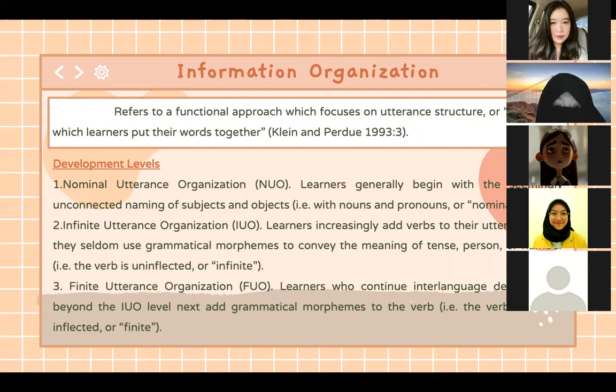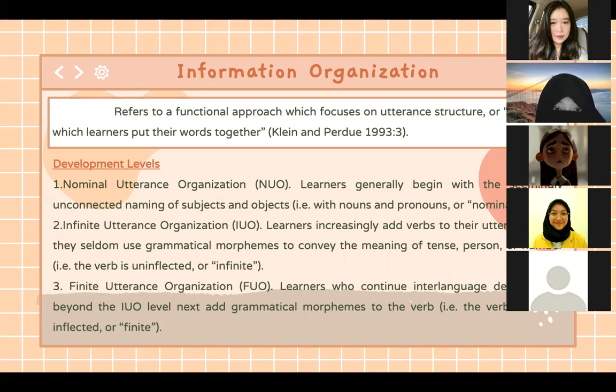And in the information organization, there are two kinds. The first one is what it calls developmental levels. In these developmental levels, all of the learners in this study, no matter what their first language or their second language, will go through a remarkably similar sequence of development in their interlanguage.